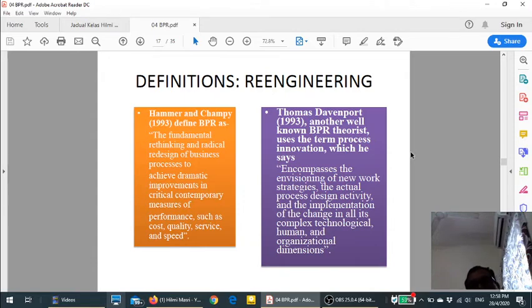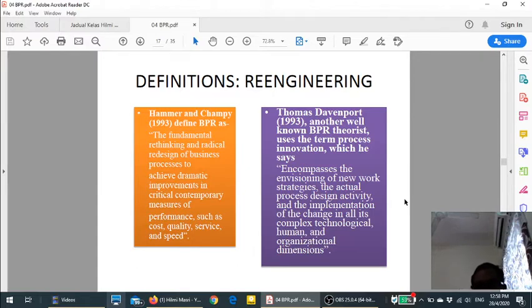So business process reengineering is basically the process to improve these things. But Hammer and Champy's focus is more towards cost, quality, service, and also speed. Davenport, another well-known BPR theorist, said that the variables are more towards the technological aspect, the human aspect, and also the dimension of the organization.